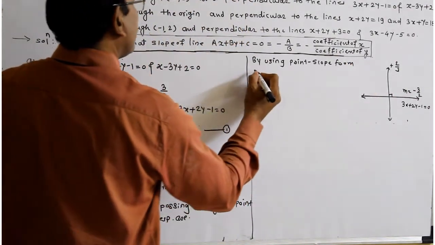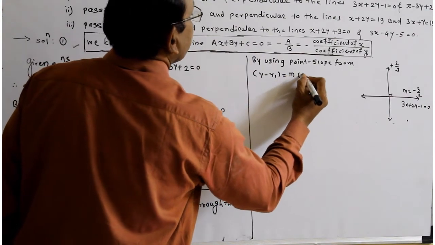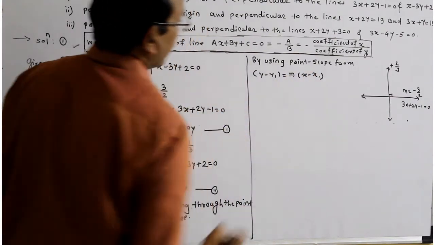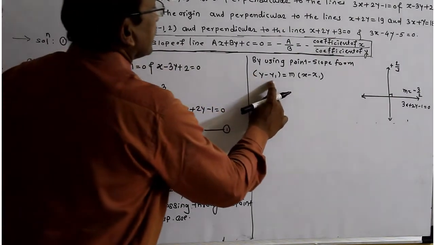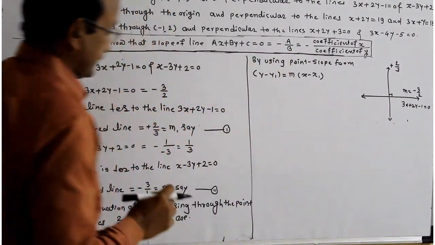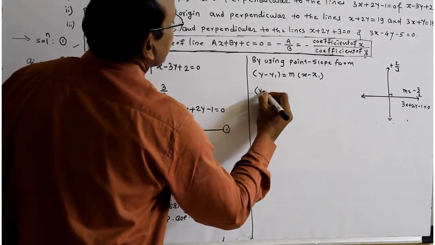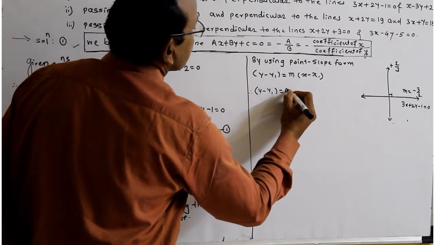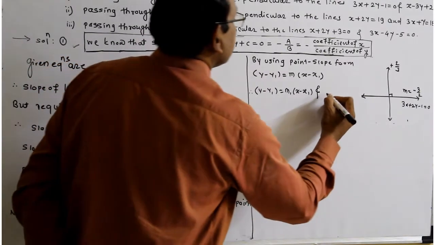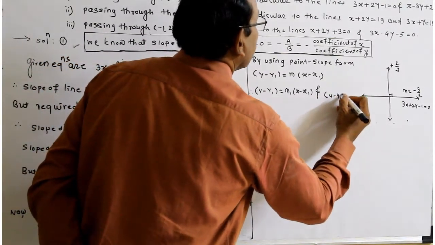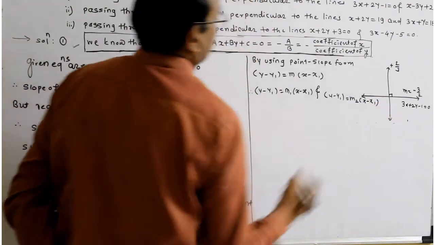So what is the point slope form? It is y minus y1 is equal to m into x minus x1, the equation of a line passing through a point and having slope m. So therefore it is y minus y1 is equal to m1 into x minus x1 and y minus y1 is equal to m2 into x minus x1.